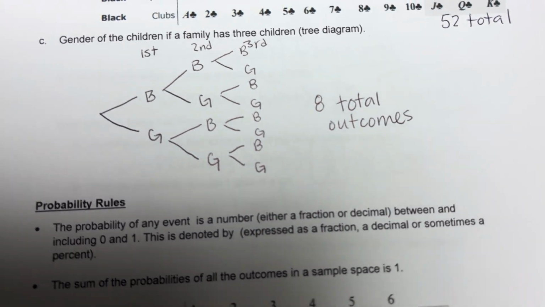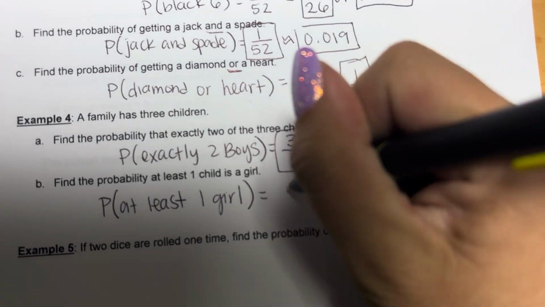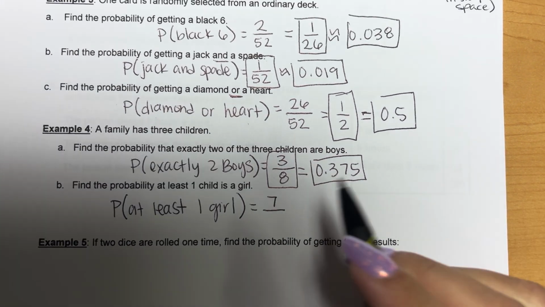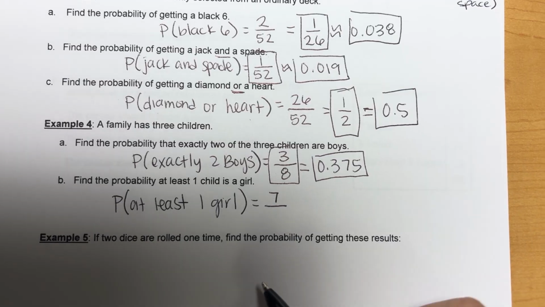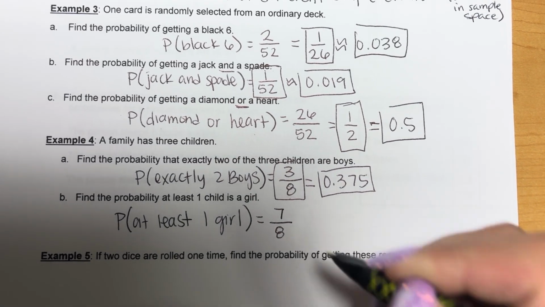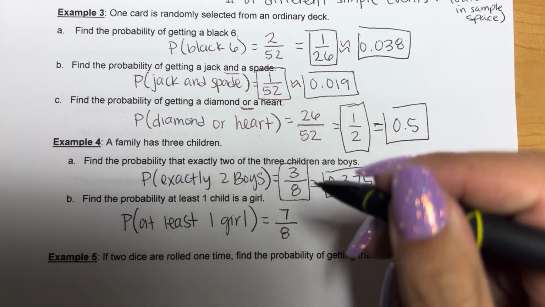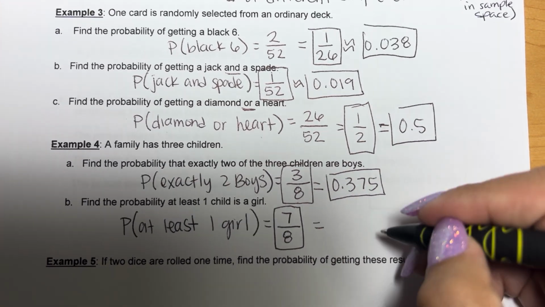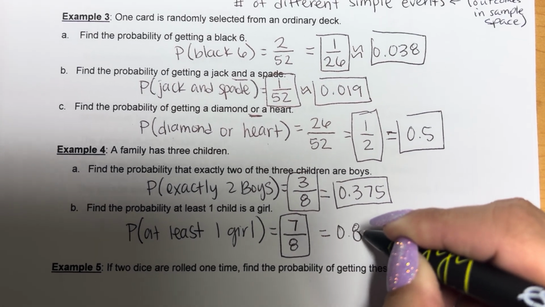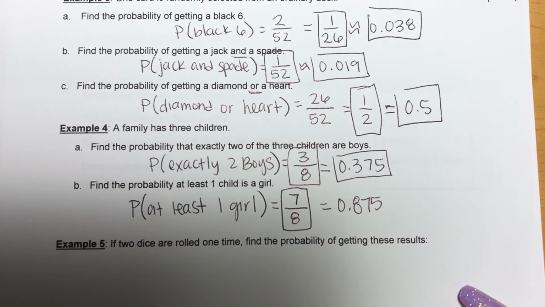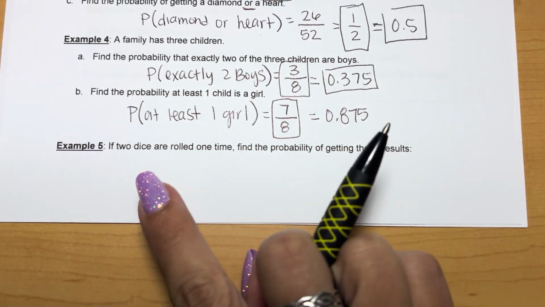So 7 possibilities out of this have at least 1 girl. Okay, basically the only one that wouldn't work here is the one with all 3 boys. Okay, so that would be 7 out of the 8 total possibilities. All right, and if we put that in our calculator, that ends up being 0.875. Pretty high probability that you're going to get at least 1 girl. Okay. All right, example 5.